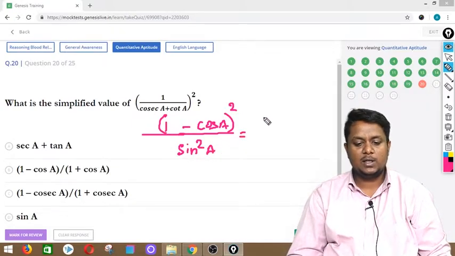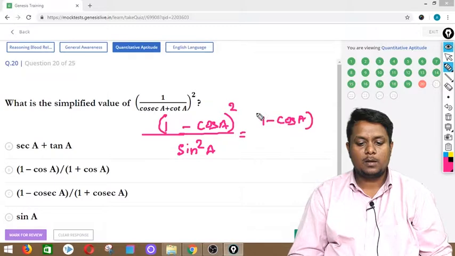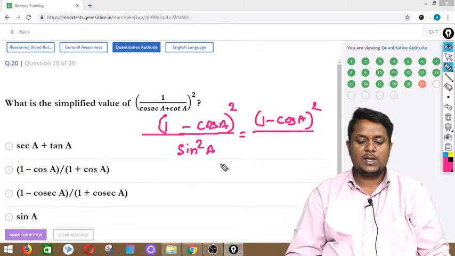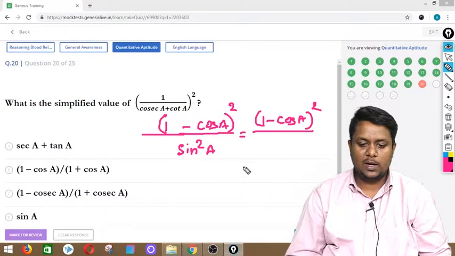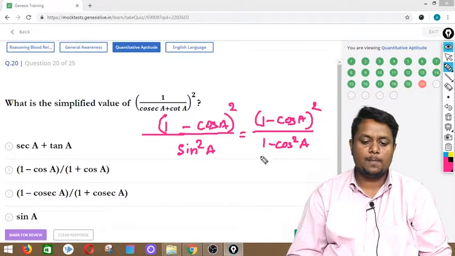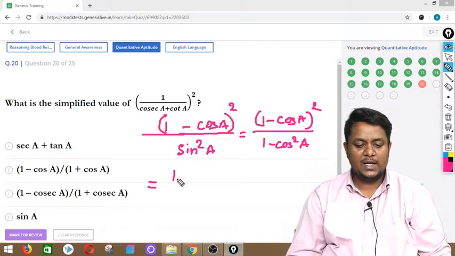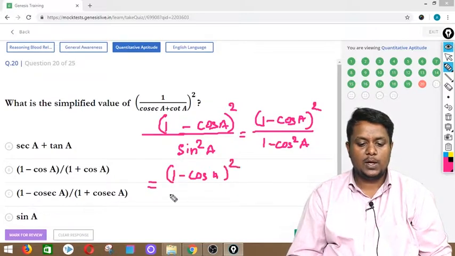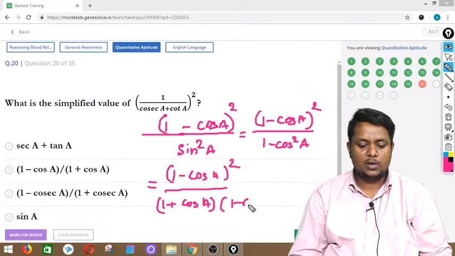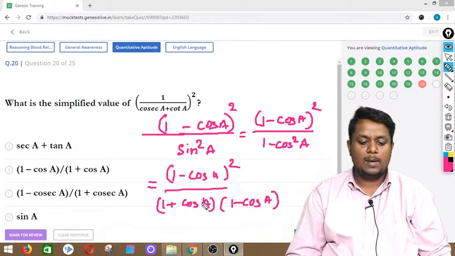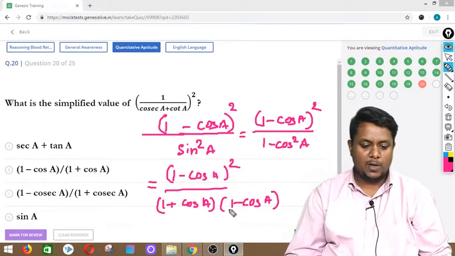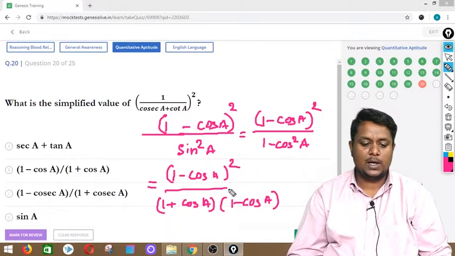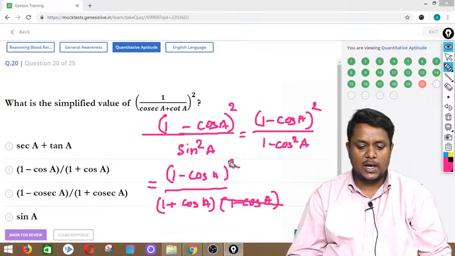We know that sin square A plus cos square A is equal to 1, so sin square A is 1 minus cos square A. Now it can be further simplified as (1 minus cos A) the whole square divided by (1 plus cos A) into (1 minus cos A), because (A plus B) into (A minus B) is A square minus B square, which results in 1 minus cos square A. So we can cancel 1 minus cos A and this power 2.